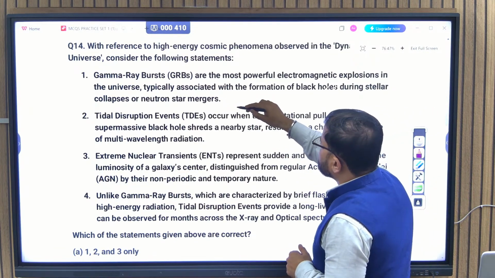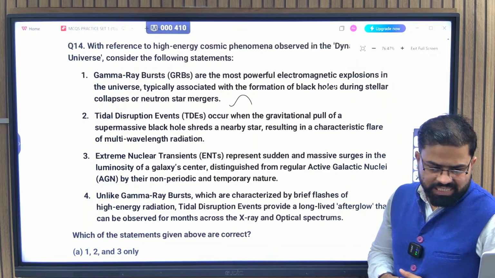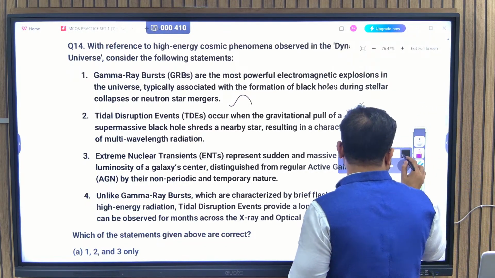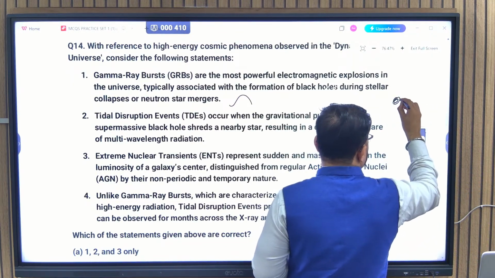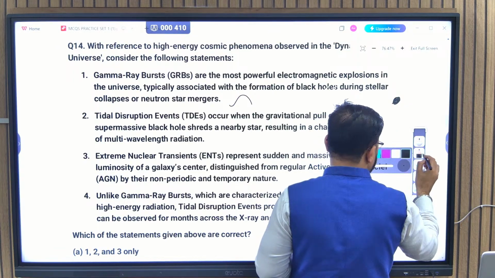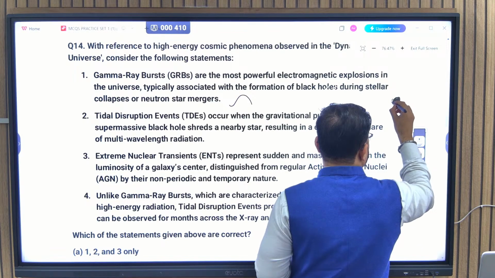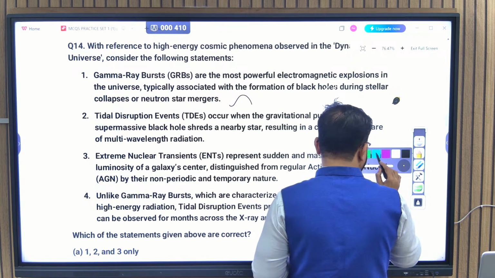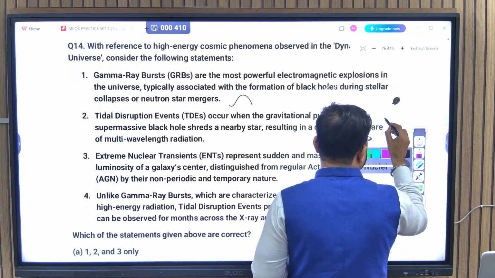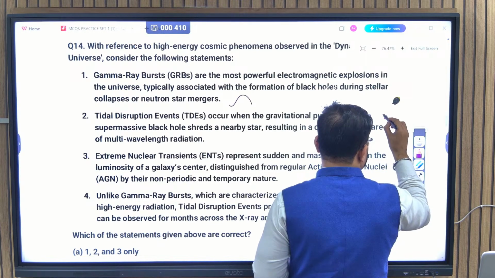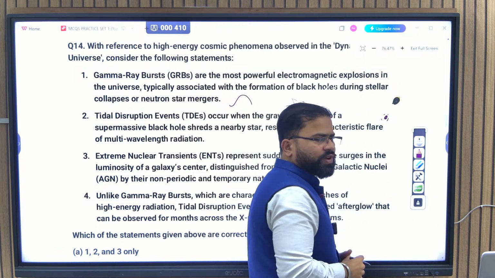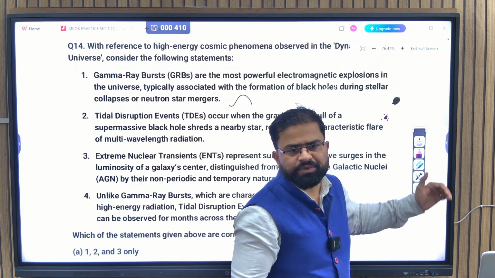We have also discussed the tidal disruption event. For example, suppose this is a black hole, and this is the event horizon. If in the vicinity of the black hole there is a star, and it comes under the gravitational influence of the black hole, the complete star won't be sucked into the black hole.